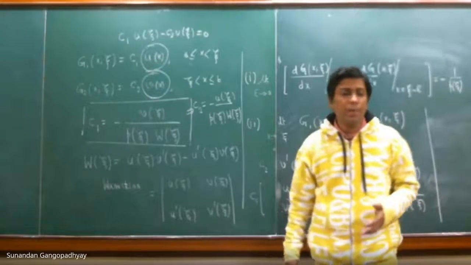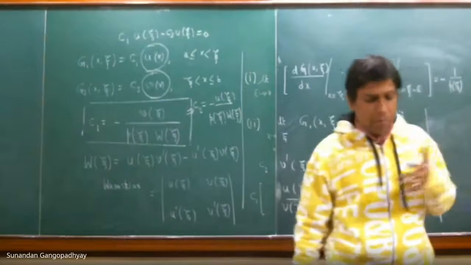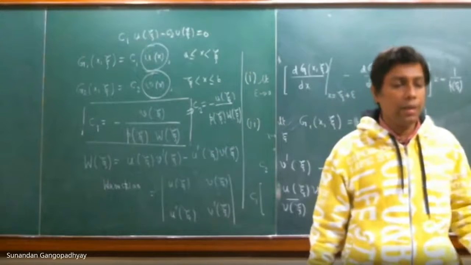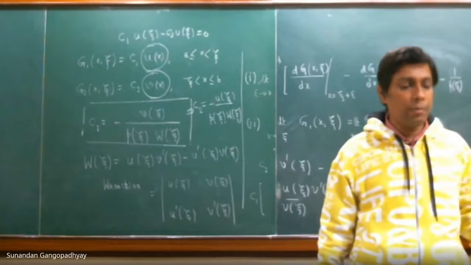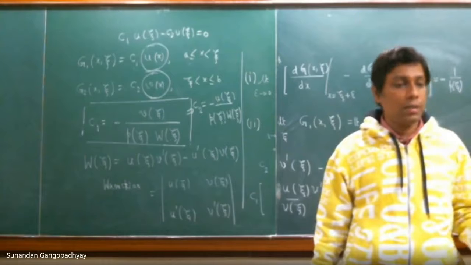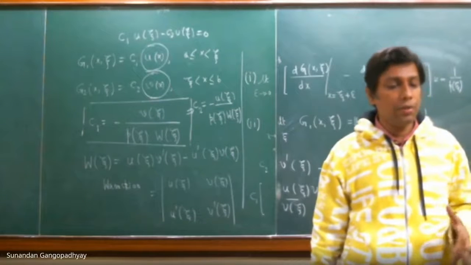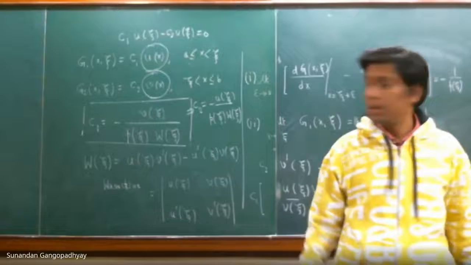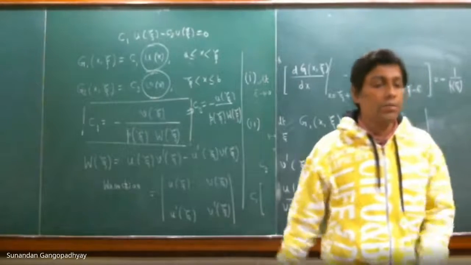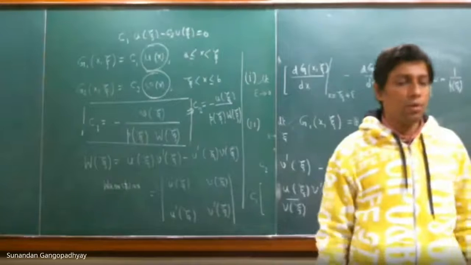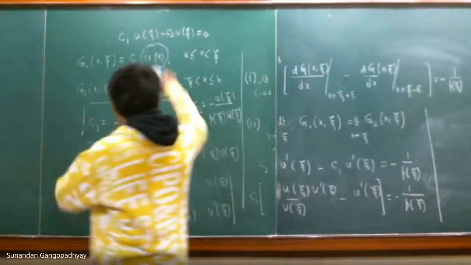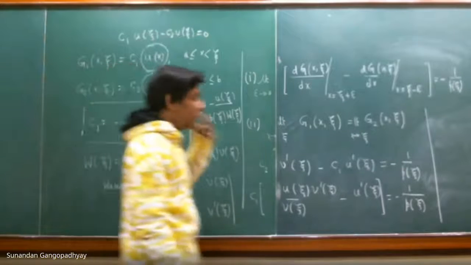And as I said, Green's function plays an important role in any area of physics. For example, in quantum mechanics, in statistical mechanics, in condensed matter physics, many body physics, quantum field theory, whatever field of theoretical physics you look at, Green's functions are a very powerful tool, or they are very important. So you must learn Green's function.